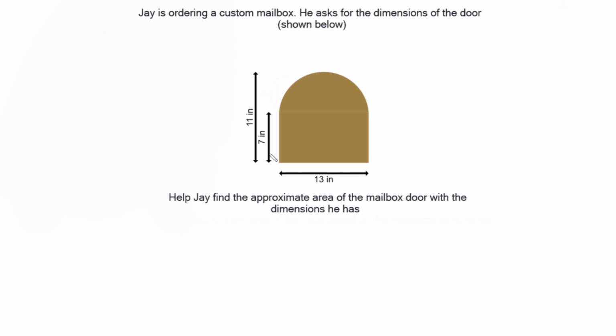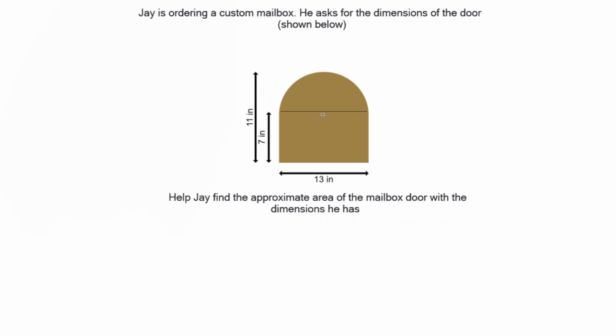Just like a line here, and I'll highlight it in black, and it separates these into 2 different shapes, a rectangle and a semicircle kind of shape. So 7 inches would probably be the height of this rectangle portion. And so this is all we need for the dimensions to figure out the approximate area of this mailbox door.